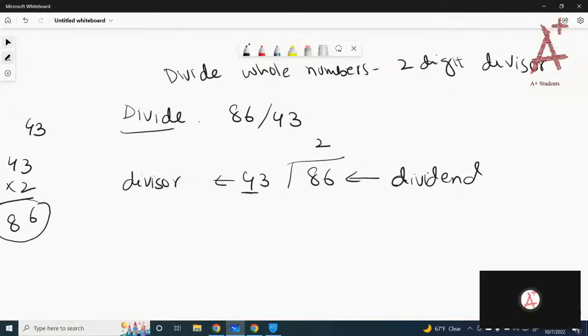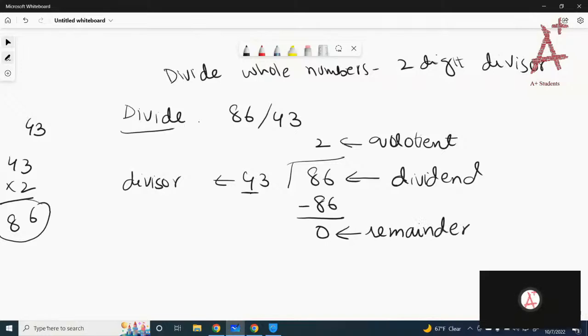So we can go for 43 times 2, and 86 subtract 86 is 0. This is the quotient and this is the remainder. These are very important terms related to division. Please keep these important points in your mind. Got it?